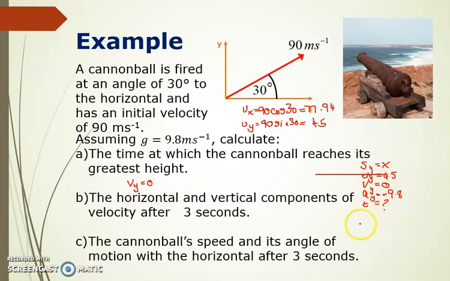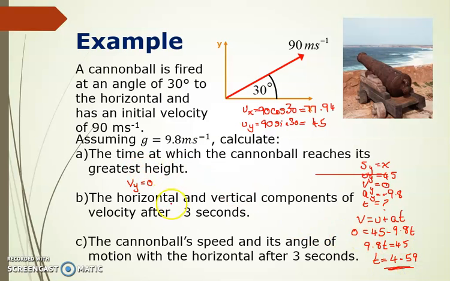So what equation? I think this is v equals u plus at. So 0 equals 45 minus effectively 9.8t. So I think 9.8t equals 45. I do 45 divided by 9.8 then. It gives me 4.59.